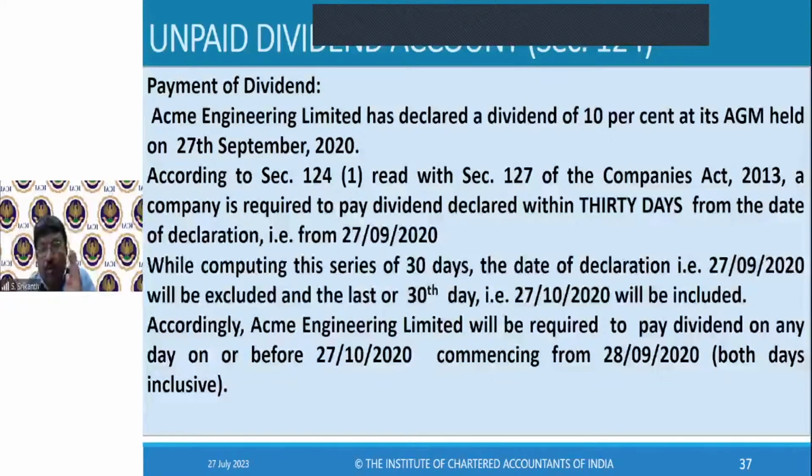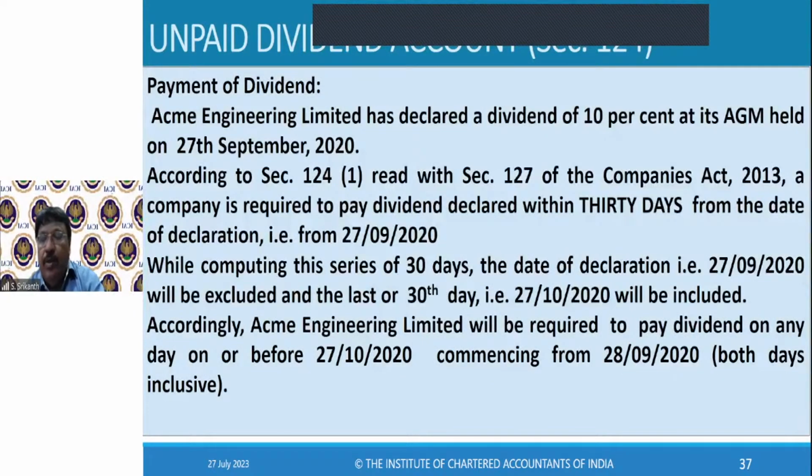Now, what does the rule say? Whenever you are counting from a day, leave the first date. So you have to count from the 30th day to 7 days. You should not include the 30th day. What is the 30th day? As per my humble view, it is 27th October.